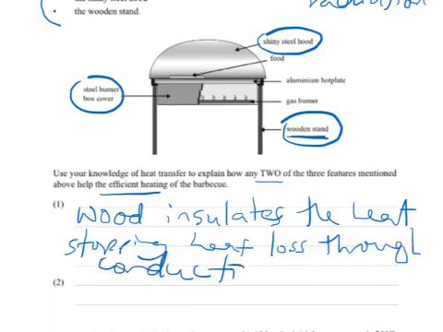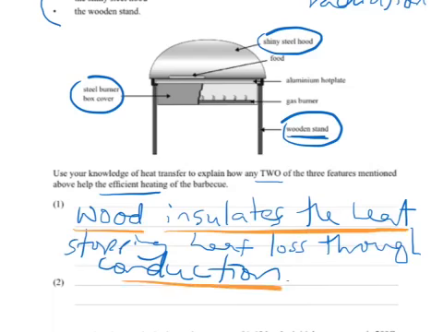Okay, I won't write them all out in full, but this just gives a model of it. So you've stated the part, what it does, and which of the energy loss things it's helping. That's just a good structure for it.